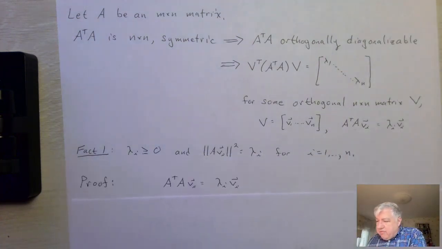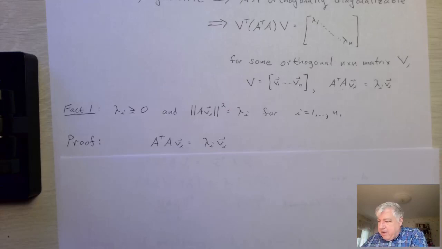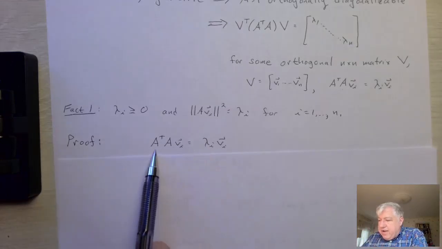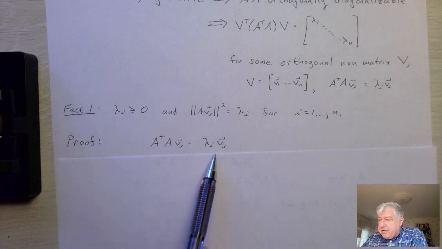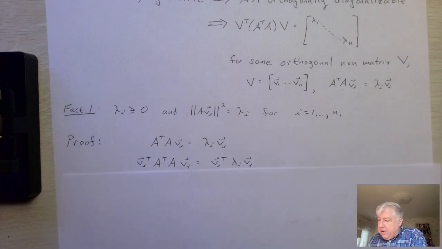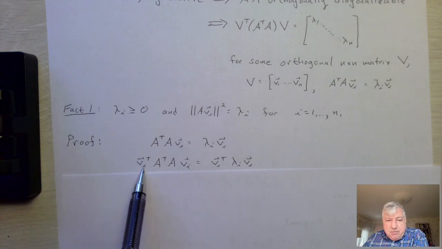Well, we start off with the consequence of having an eigenvalue. Because Vi is the eigenvector for lambda i, we have A transpose A Vi is equal to lambda i Vi. And then we're going to multiply on the left by the transpose of Vi. So remember, this is a row vector now.